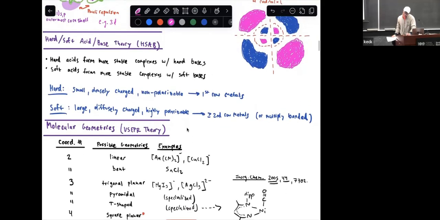And so you'll sometimes hear, what is the driving force for this interaction? Oh, it's a soft interaction that's forming a strong bond. Or it's a hard interaction. It is useful as an intuition because it allows you to predict things like in a Suzuki-Miyaura coupling, when you form a palladium hydroxide species, you'll think that is not super happy because the ligand is hard and the metal is soft.